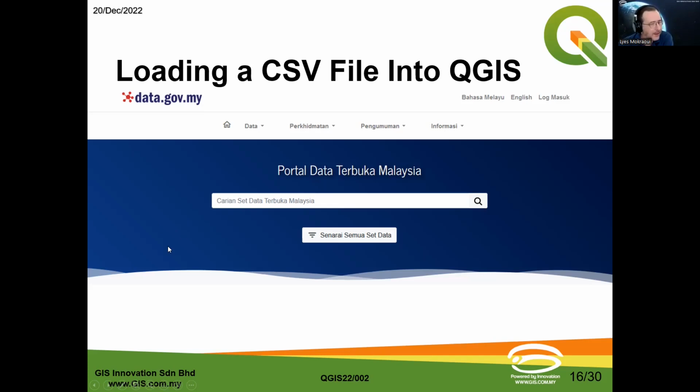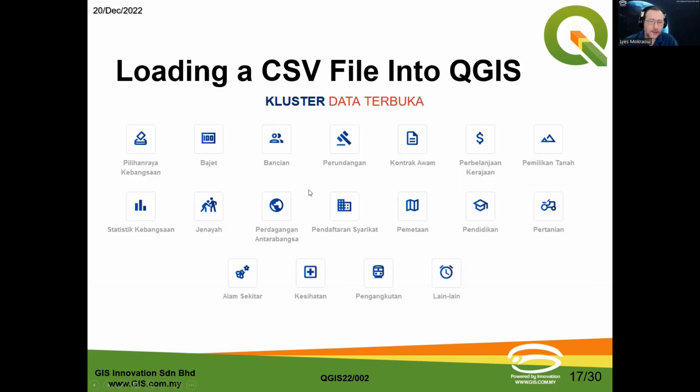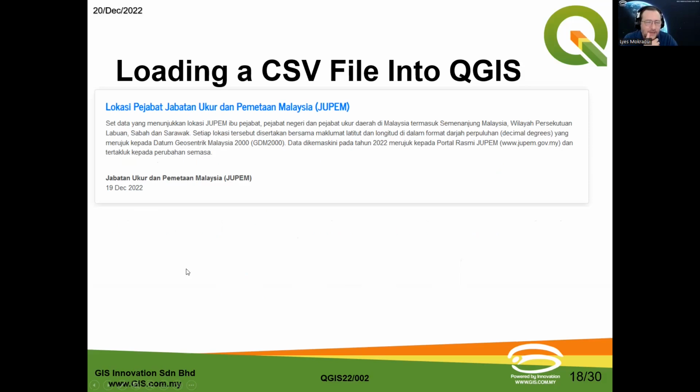Not all the data have spatial components, but some do. This is the website, and this is all the kind of data you can download from them. They have some data from JUPEM, which is the location of all their offices in Malaysia. From there, we are going to create a map and start to interact with the maps.